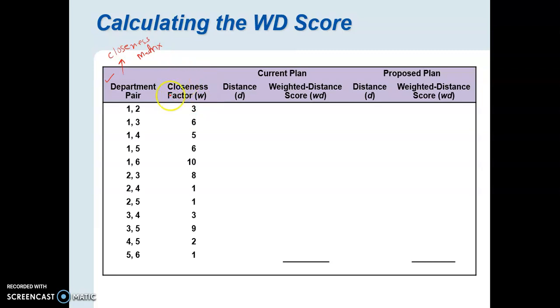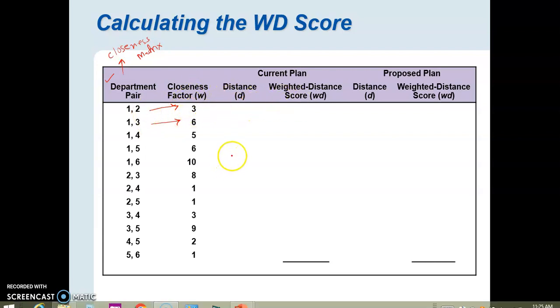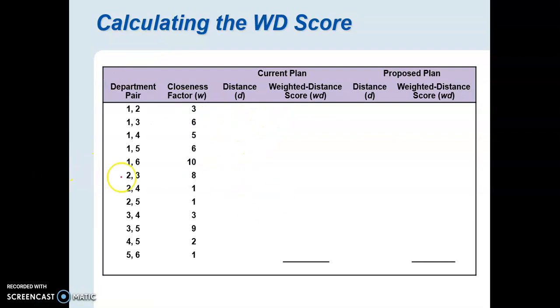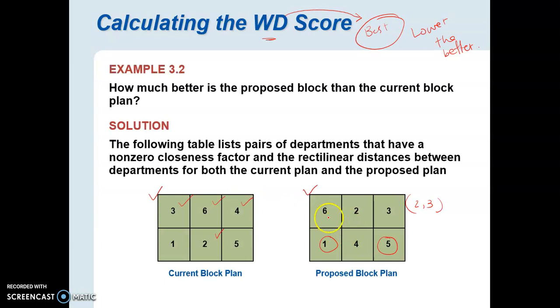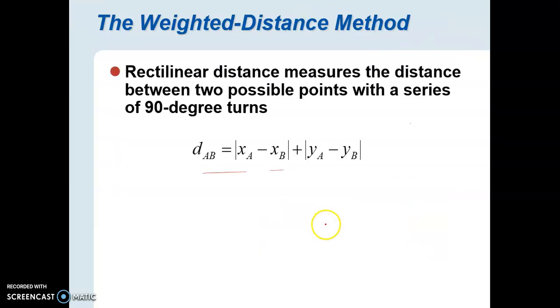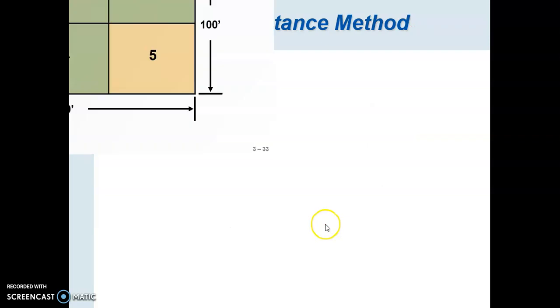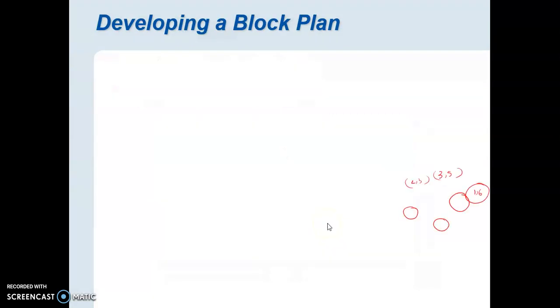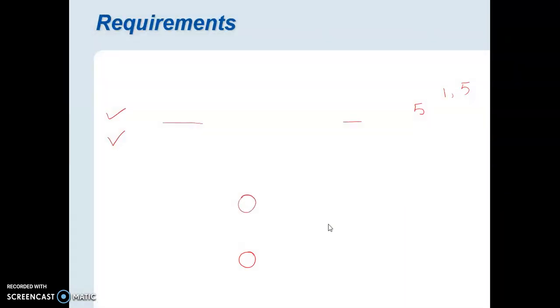Then we have to write down the closeness factors for each department pair, and then we have to calculate the distance, which will be taken from our block plan. If we go back to the slide and look at the block plan, the distance can be easily taken from this. So first we have to go back and see the pairs that we can have, which is available from the closeness matrix table.